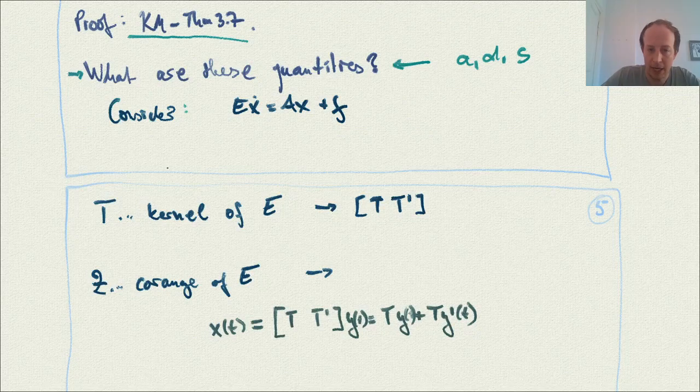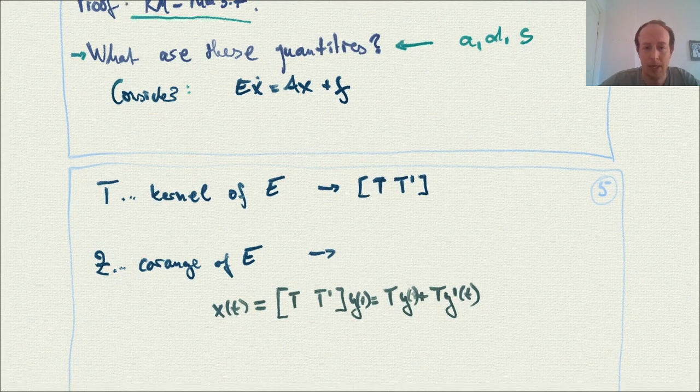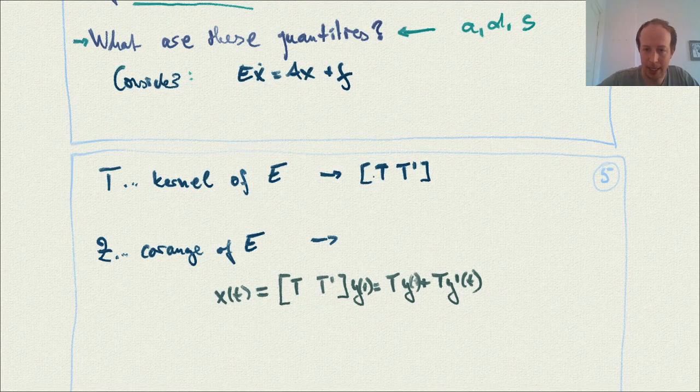Well, now let's say T is the kernel of E, and then we can complement this. So here this was this T, and then we can make this the full matrix.